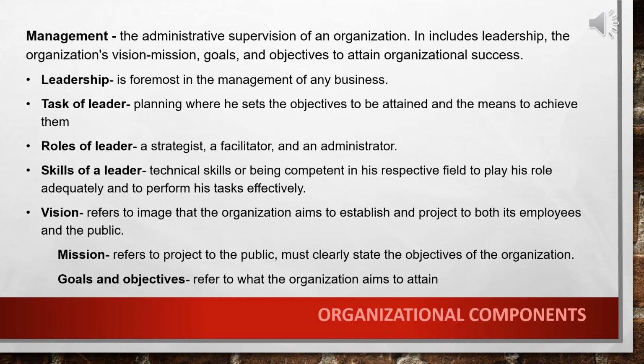He needs to lead his people correctly into their optimum activity and to attain the set goals of the organization. Next is the task of the leader. Planning, where he sets the objectives to be attained and the means to achieve them.